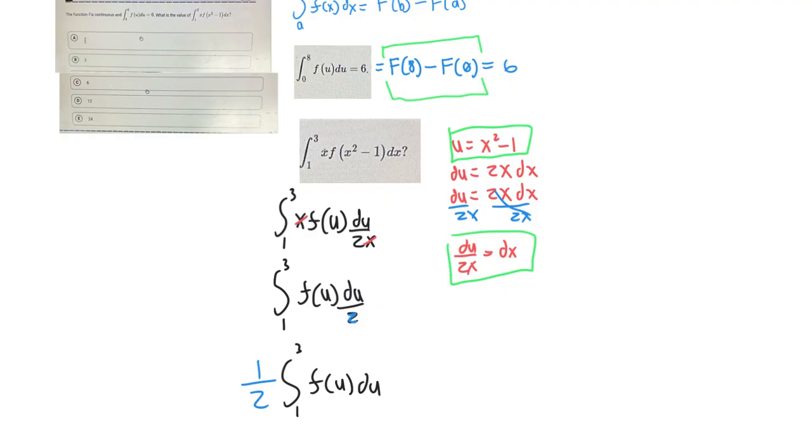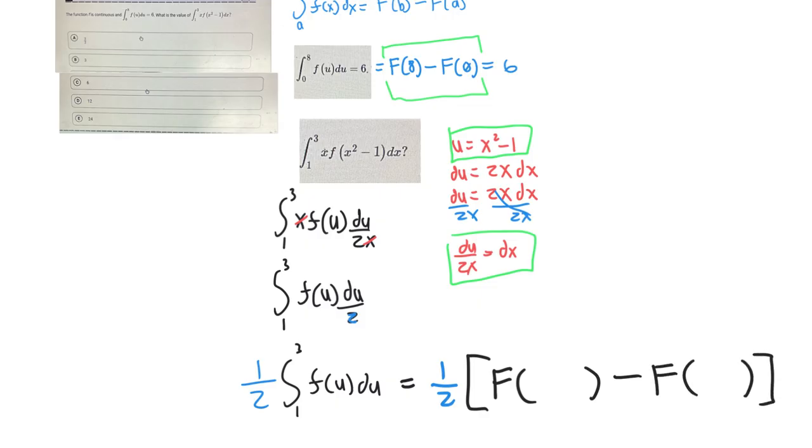So it is the case that this would equal 1/2 times a whole thing, okay? Namely, we could say, F of this minus F of something, right? That's what the fundamental theorem of calculus is suggesting.